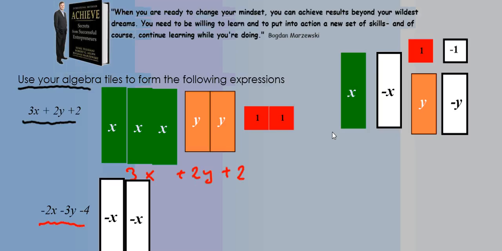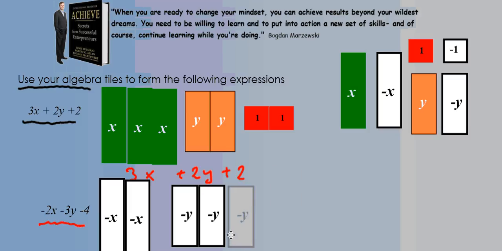Then we have negative 3y, which means I have to bring y tiles which are opposite to positive y, so negative y repeated 3 times, and negative 1 unit repeated 4 times.